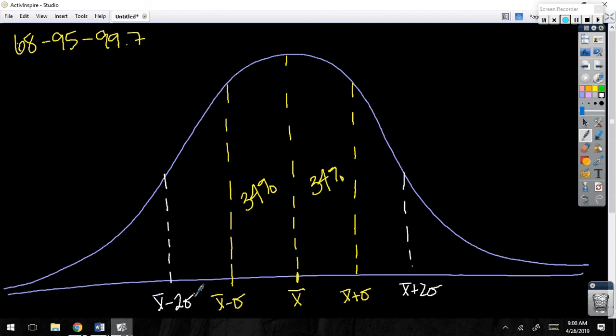So what's left? 47 and 48, or 47.5. 95, that's exactly right. 95 minus 68 and then divided by 2, because you got 2 bars. 95 minus 68 would be 27.